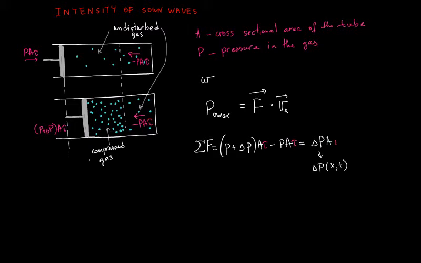So then I can write for the power equals delta P(x,t) A i hat dot product, and then for the Vx I'm going to write the derivative of the displacement function, so d/dt s(x,t) i hat.